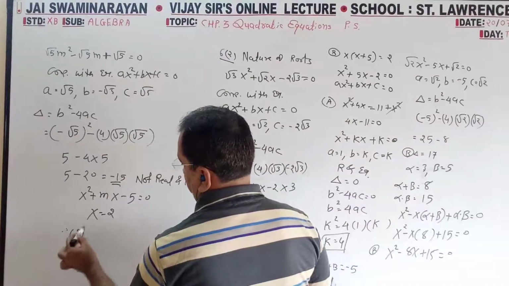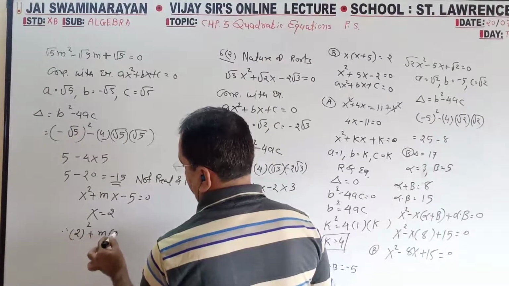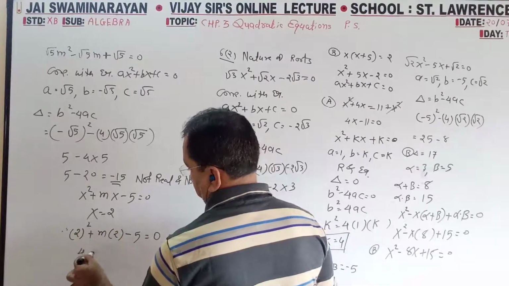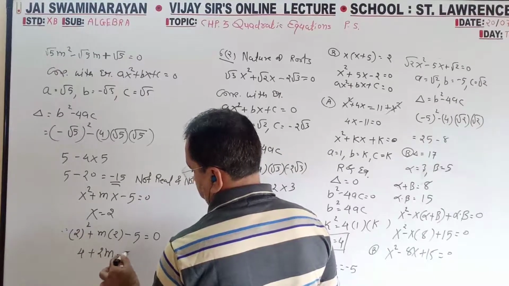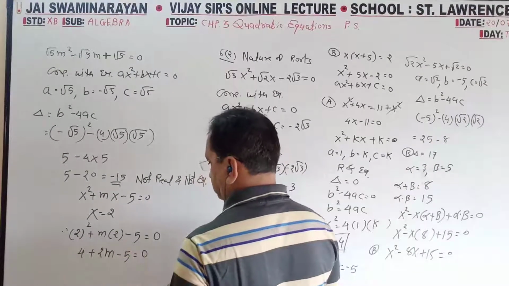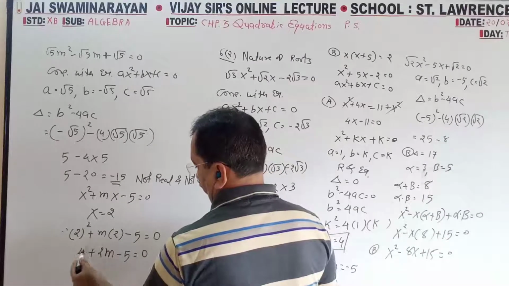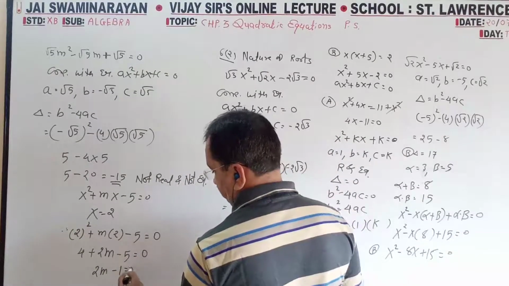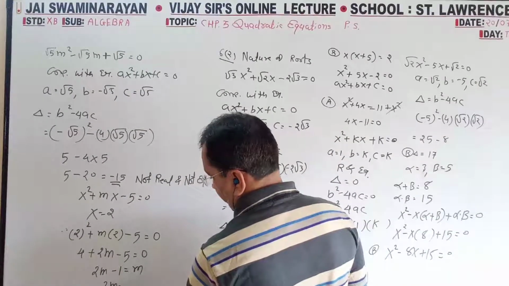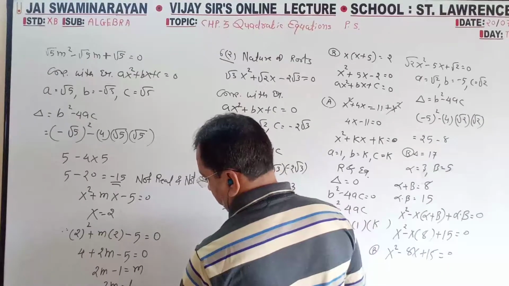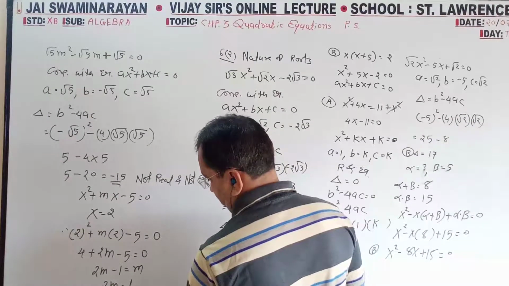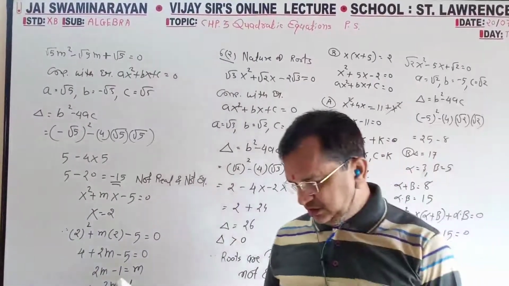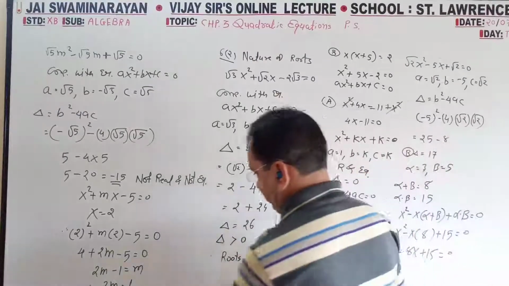Therefore 2 square, so 4, minus 5 plus 2m is equal to 0. So 2m is equal to plus 1. M is equal to 1 by 2. So this is the answer. And m is equal to half, that is the C answer.